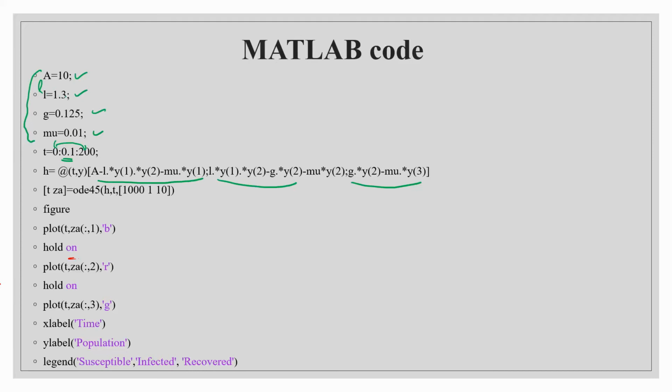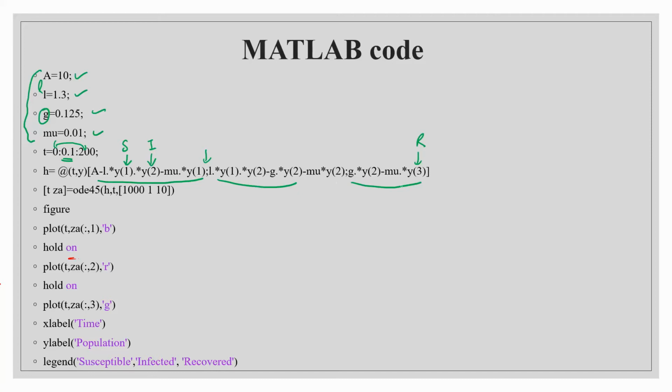This is gamma, the recovery rate, and this is the natural death rate. I have written all these differential equations here, where y1 means S, y2 means I, and y3 means R. These are the three coupled differential equations, separated by a semicolon.